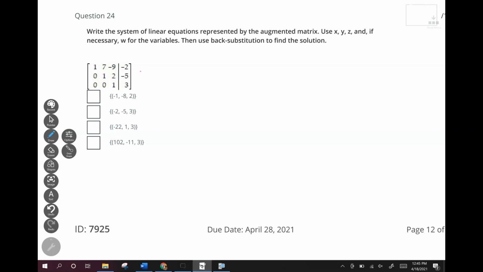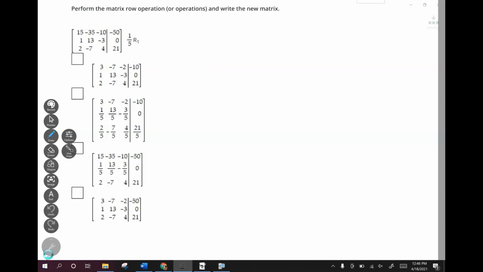So remember, this is saying x plus 7y minus 9z equals -2, y minus 2z equals -5, and z equals 3. So you have that nice triangular system, and you can use back substitution to solve. So first plug the z in here to get y, and then plug y and z into the first equation to figure out x.